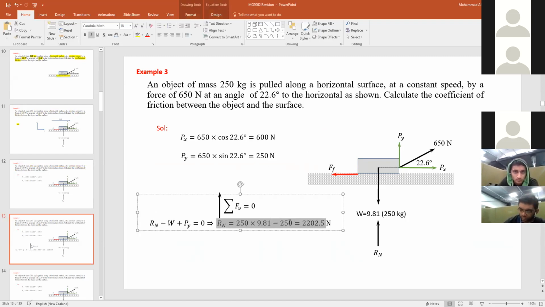Rearranging this equation and substituting the values, the normal force equals 250, which is the mass, times 9.81 to convert the mass to weight as a force, minus 250, the vertical component of the 650 force. Subtracting these values, because they are going in different directions, you get an answer of 2,202.5 newtons. I hope the answer is correct.